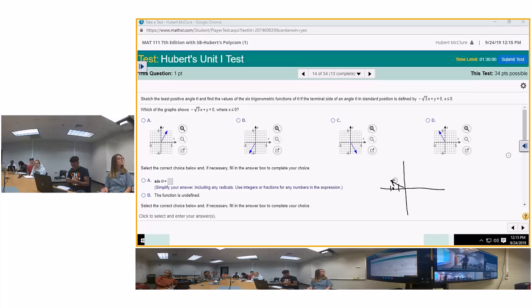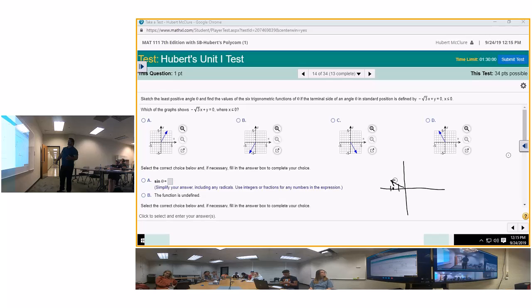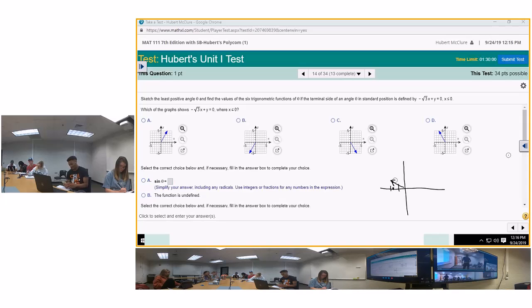Well, negative 1.7x plus y. I don't know where x is greater than, where x is less than 0. So that looks like D. Yeah, D.